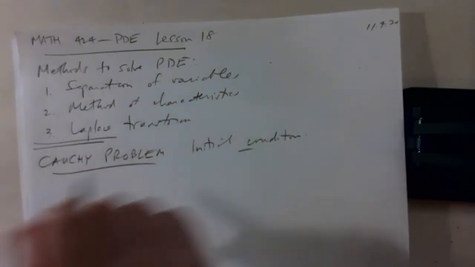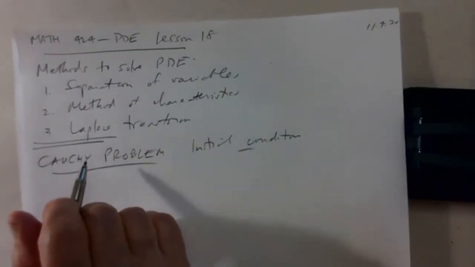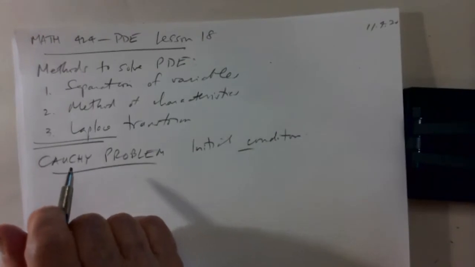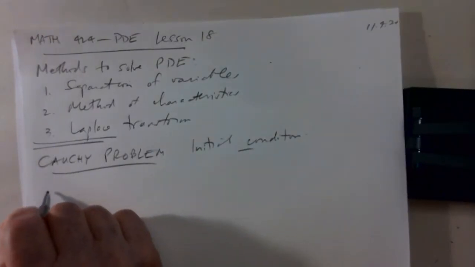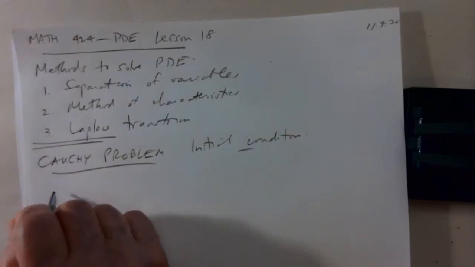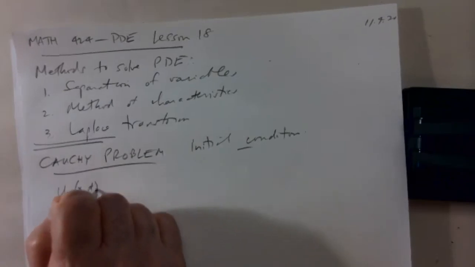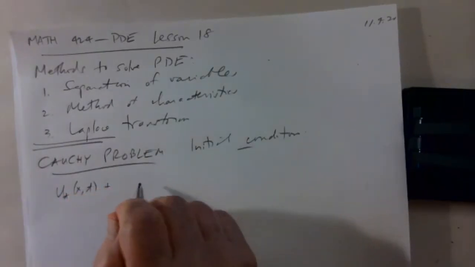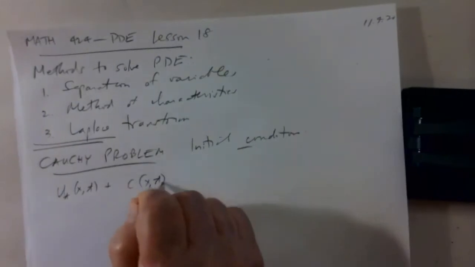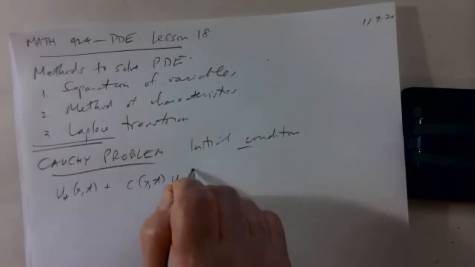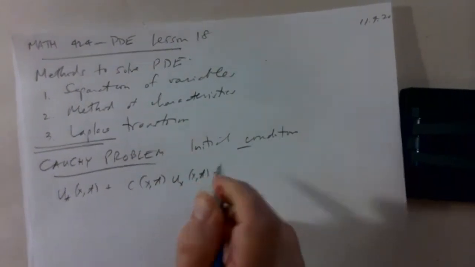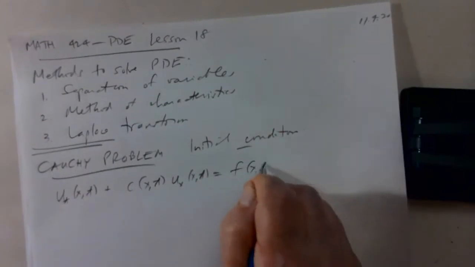So a first order Cauchy problem is the type of problem we're considering now, where we have an unknown function u and an equation of the form partial of u with respect to t plus some function called c of x,t times partial of u with respect to x equals some function f of x,t.